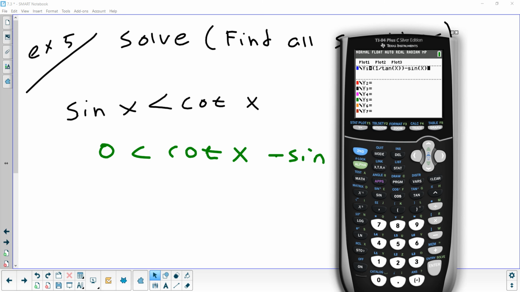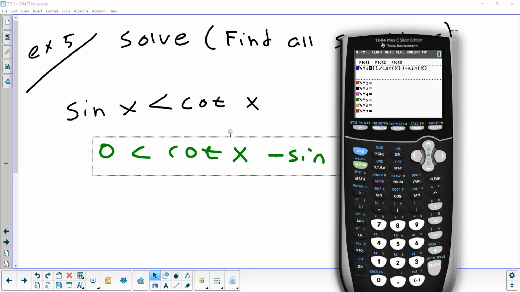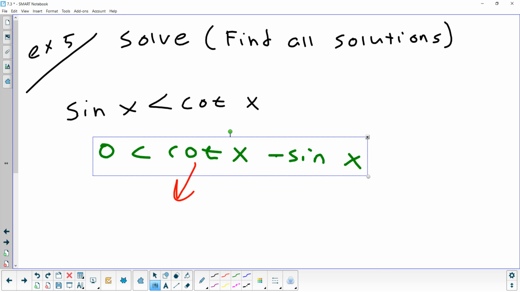That's what I want to know. Where is this graph greater than 0? So, let's see. First thing is I should check my cycle. What's the cycle of cotangent? Yep, pi. What's the cycle of sine?